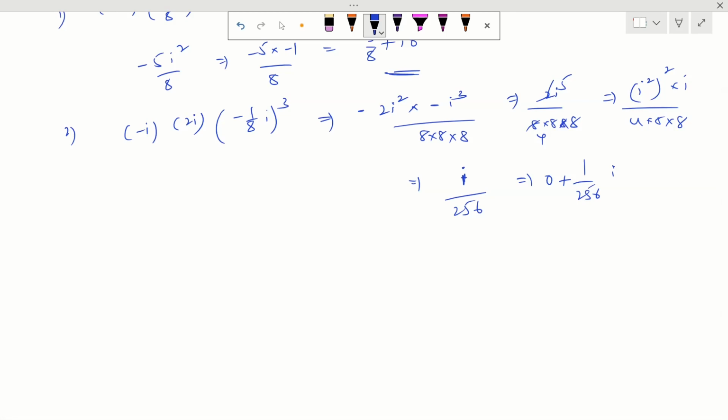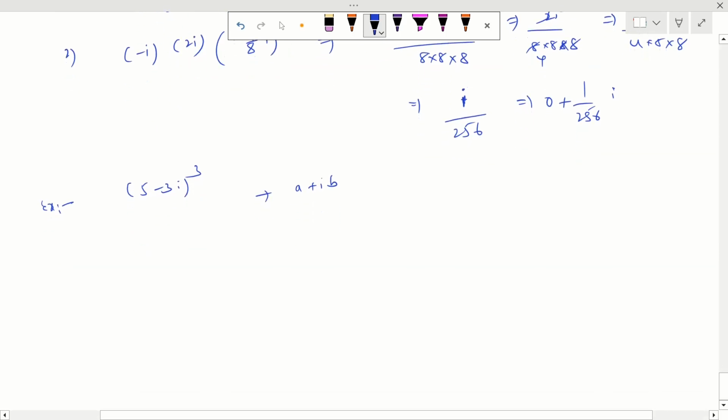We'll take another example. Here we need to express (5 minus 3i) whole cube in the form of a plus ib. So this is the formula for (a minus b) whole cube.